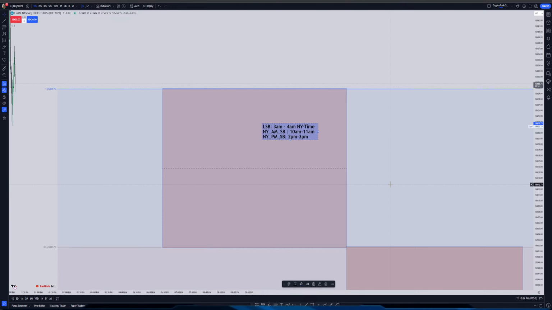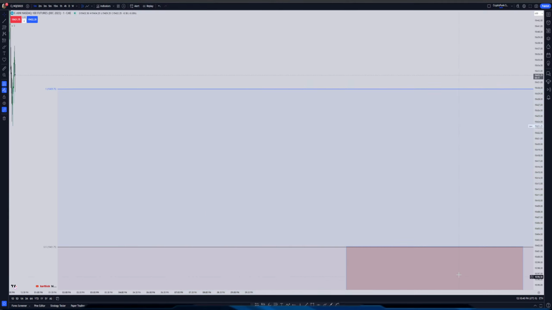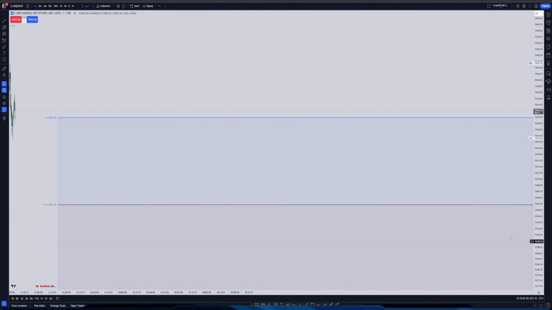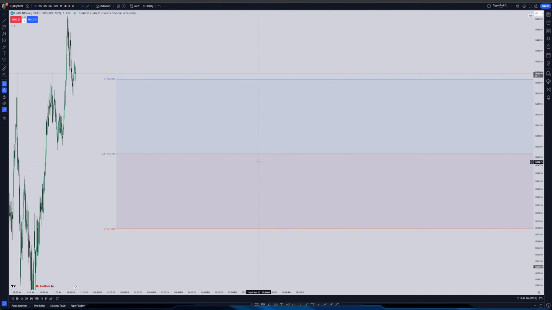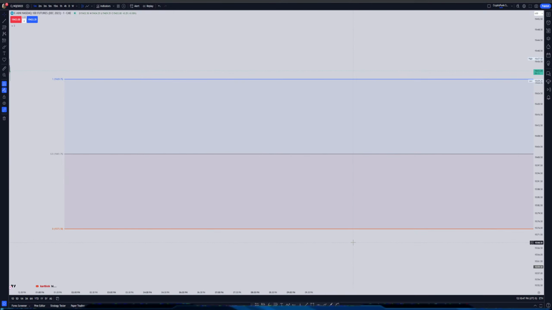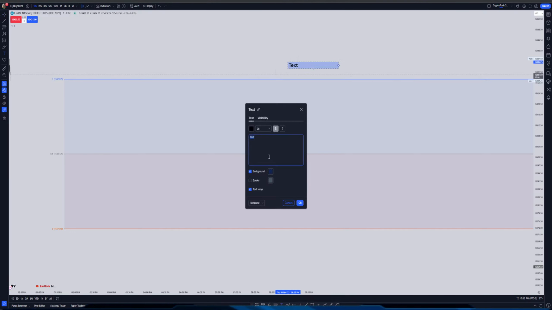let me talk about a few things before I go. What I learned from ICT during these periods, I'm going to talk about that. Now this is your premium and discount, or PD array. What is this? That blue line is your higher time frame high, or swing high.